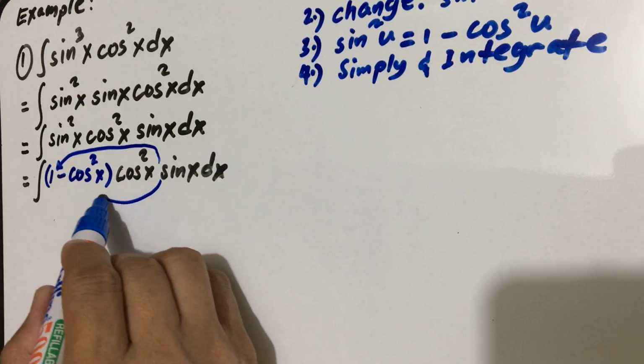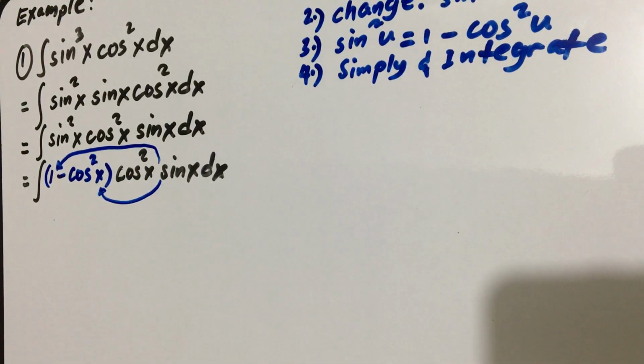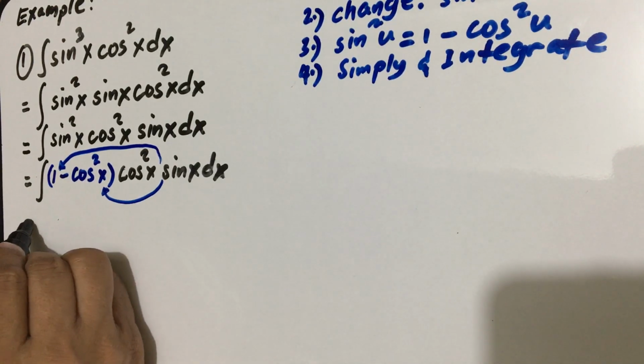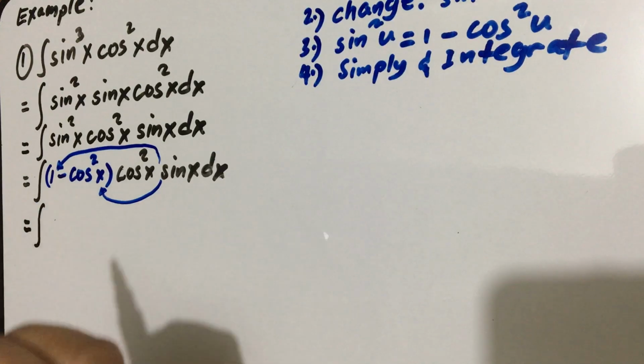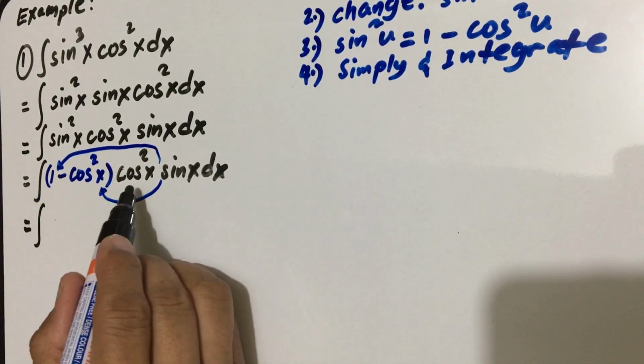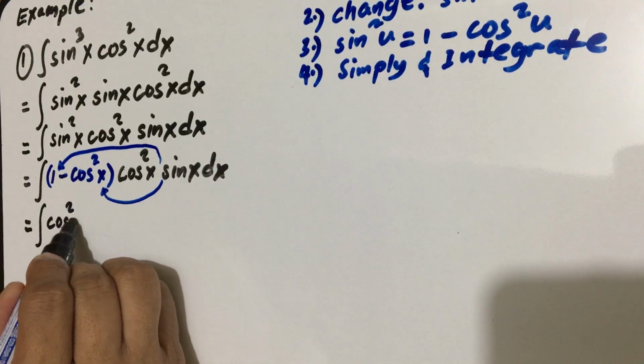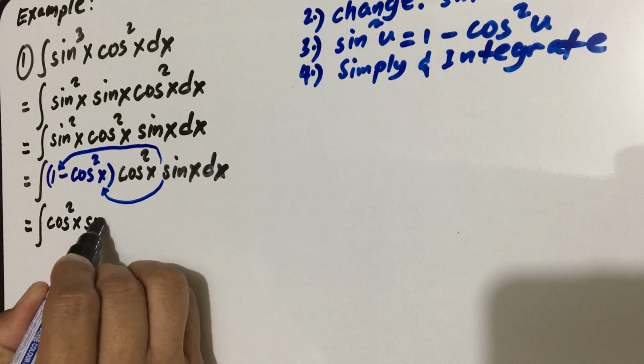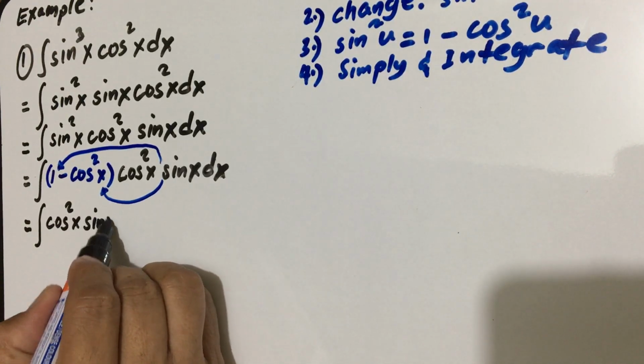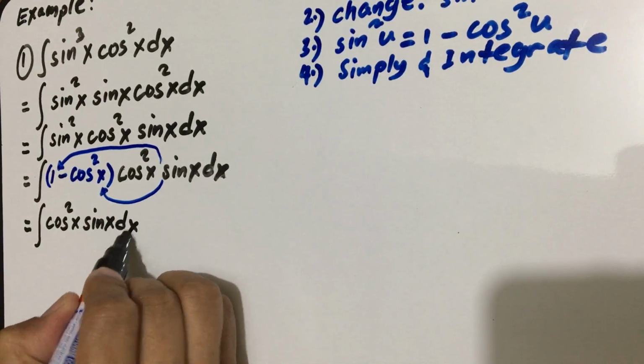Okay, so the result now is integral of, so we have 1 multiplied by this, so we have cosine squared x sine x dx.